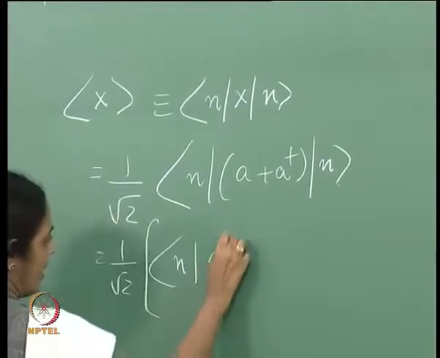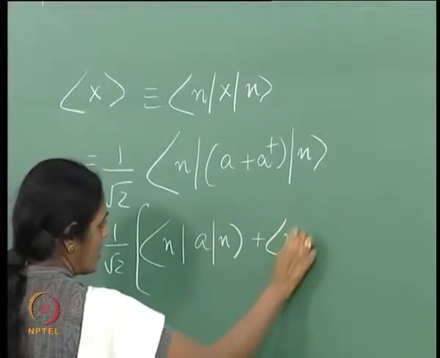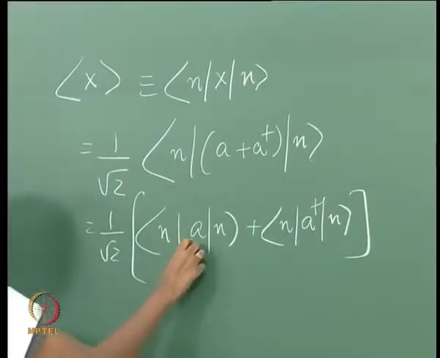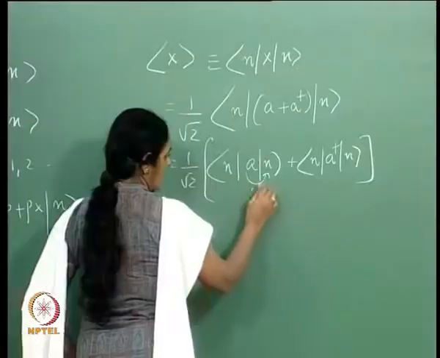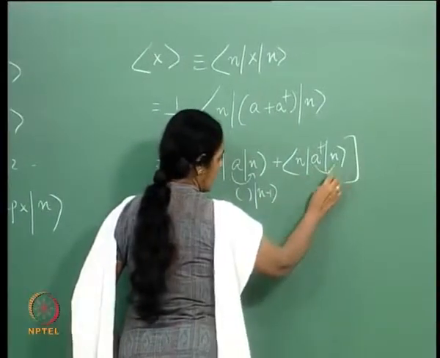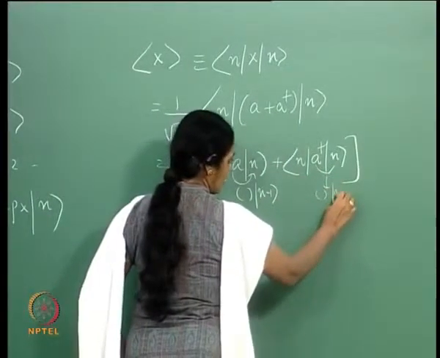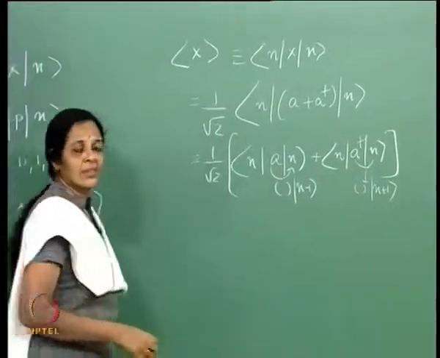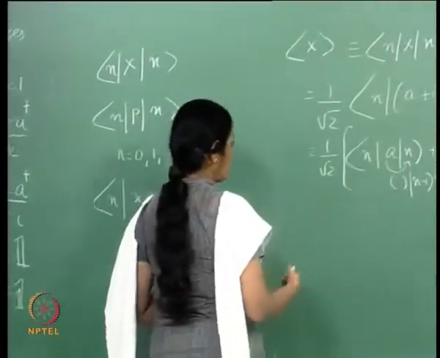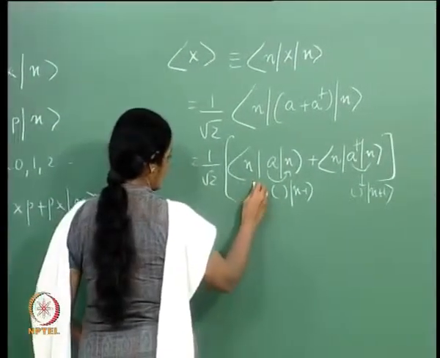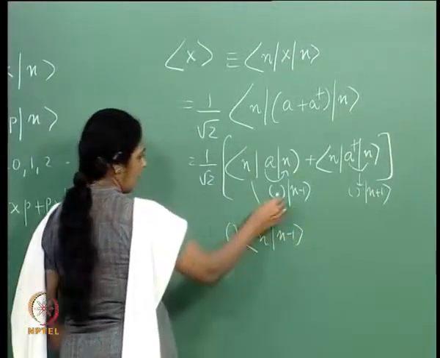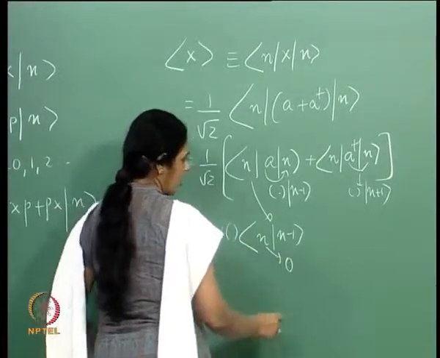That is simply <n|a|n> plus the expectation value of a dagger in the state n. a acting on |n> takes this, apart from some coefficient, to the state n minus 1, and a dagger takes this, apart from a coefficient, to the state n plus 1, but the states are orthonormal, they are orthogonal to each other, and therefore this would simply be <n|n minus 1> apart from this coefficient, therefore this is 0.